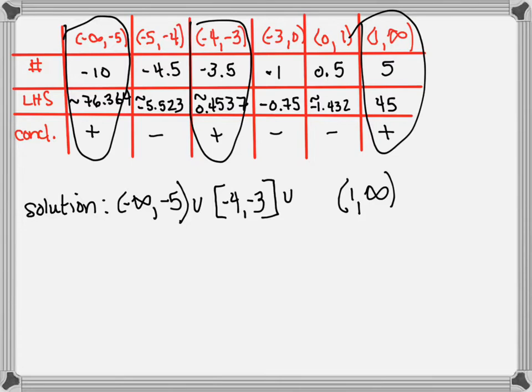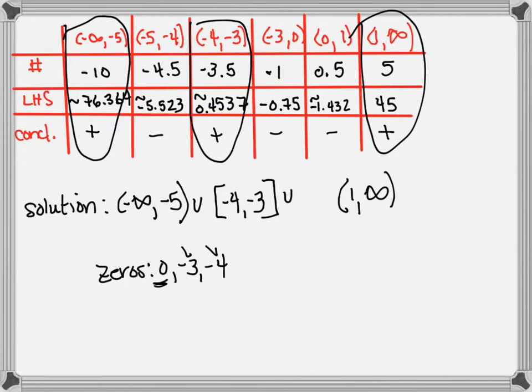But, so this one's interesting because remember we are including all the zeros. And the zeros were 0, negative 3, and negative 4. So I have negative 3, I have negative 4, I don't have 0. So 0 is not part of one of the intervals that led to positive left-hand side values.